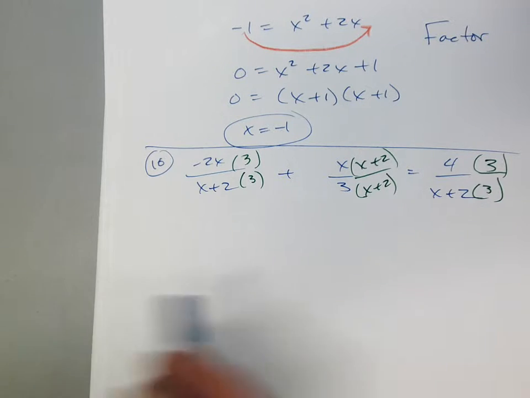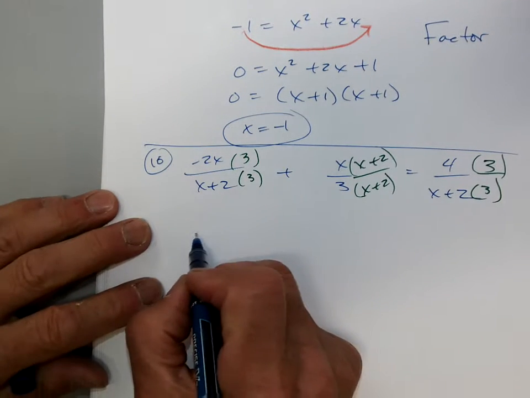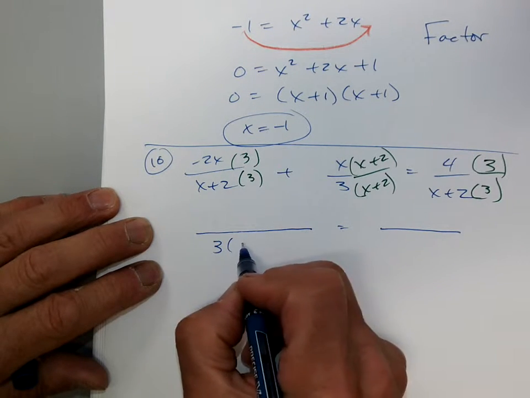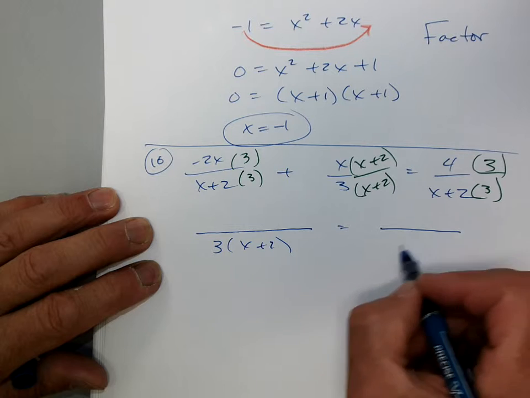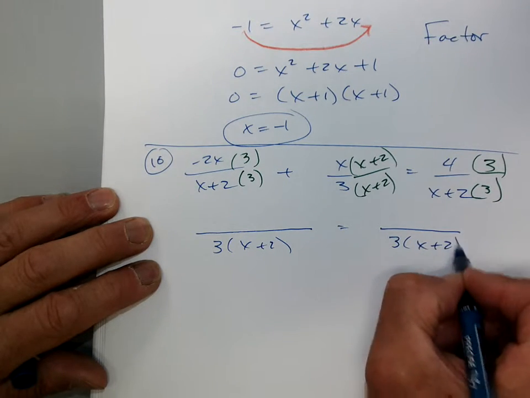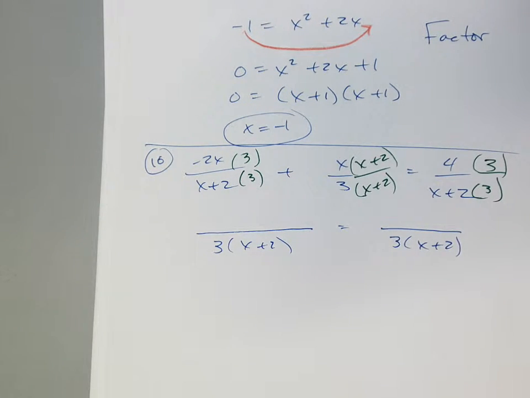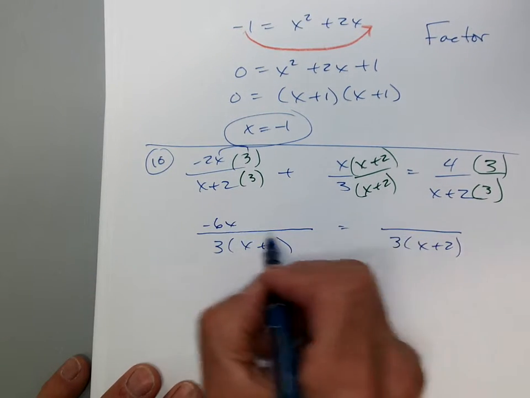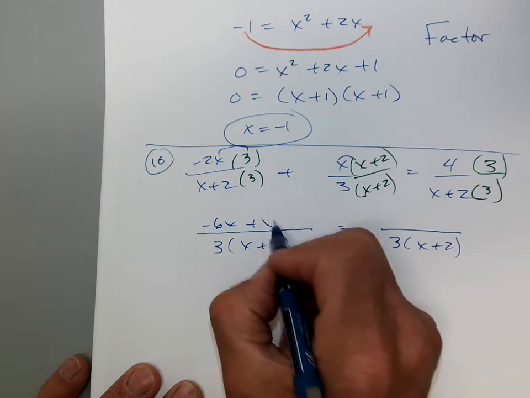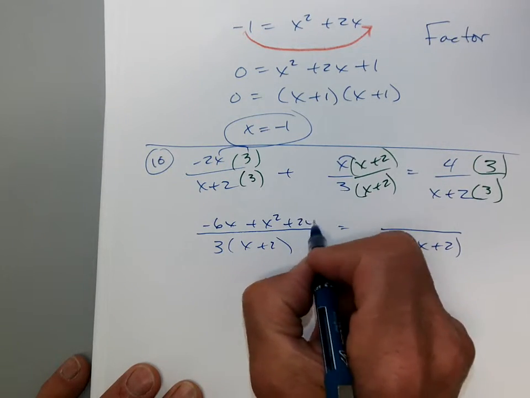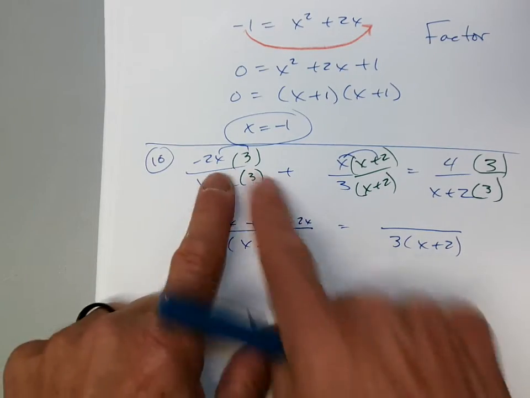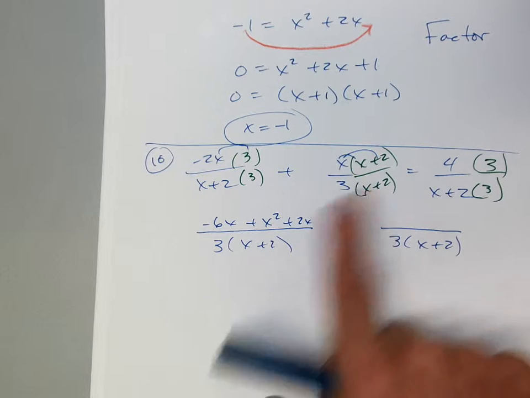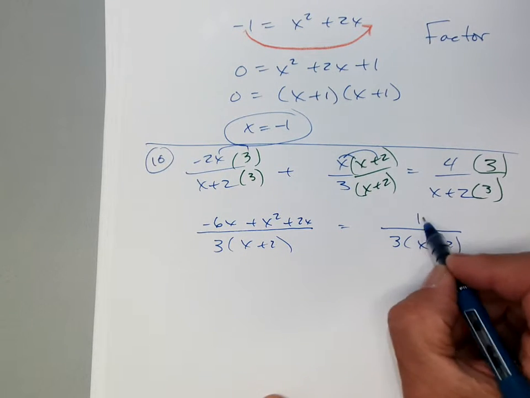So my common denominator is going to be 3 times x plus 2. My numerator is going to give me negative 6x plus x squared plus 2x, okay? I multiplied here to get negative 6x. I multiplied x times x plus 2, and I got x squared plus 2x. And then over here I'll have a 12, okay?